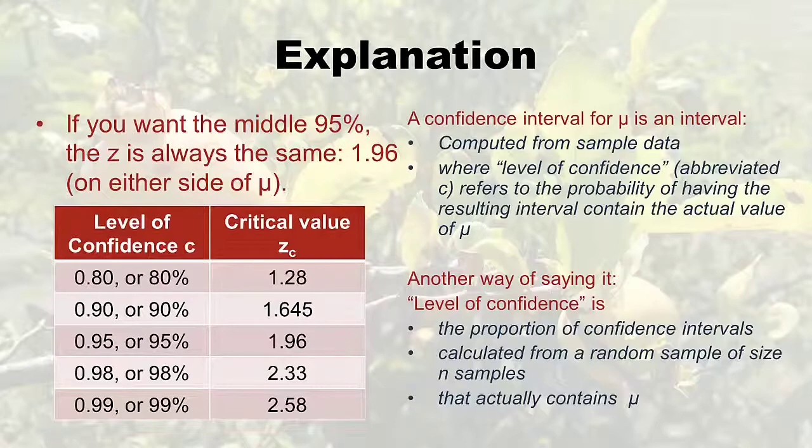Another way of saying it is the level of confidence is the proportion of confidence intervals calculated from random samples of size n that actually contain mu. So remember when I said, let's say I took 100 samples, if I had a 95% confidence interval, I would expect that 95 out of 100, or 95%, of those intervals would have mu in it.